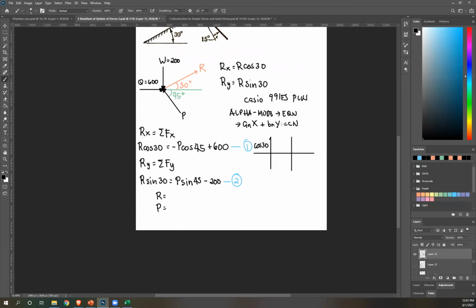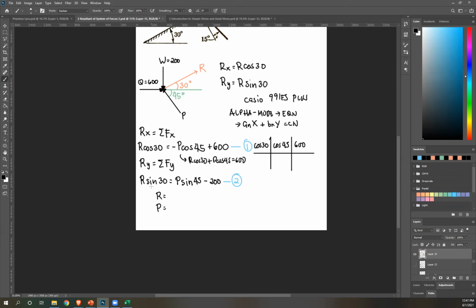So I need to rewrite this in this form. So R cosine 30 plus P cosine 45 equals 600. Since I need variable 1 plus variable 2 equals constant. So variable 1 is cosine 30, variable 2 is cosine 45, variable 3 is 600.